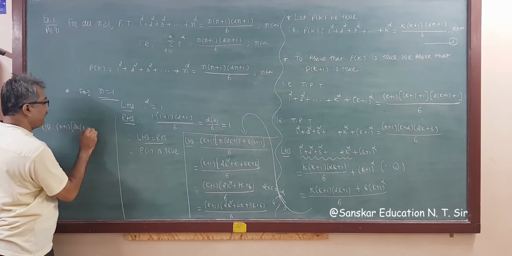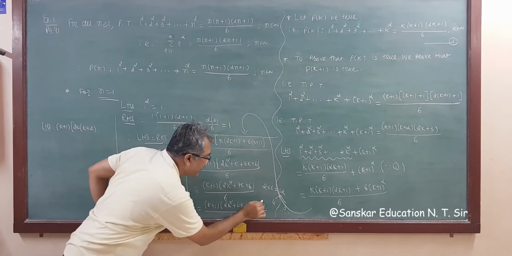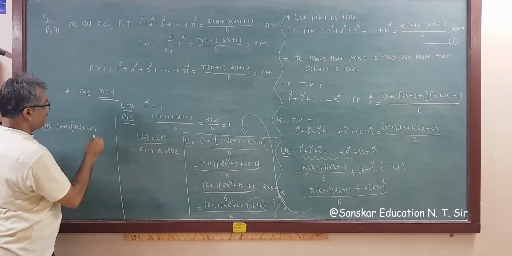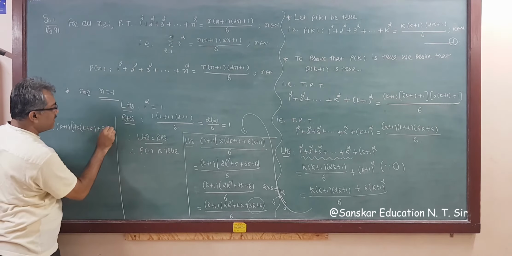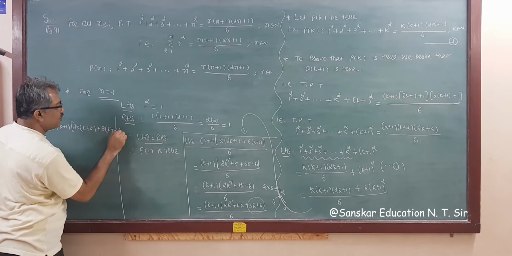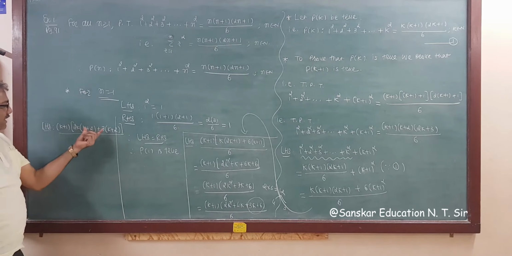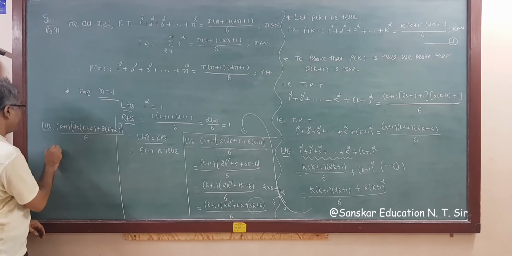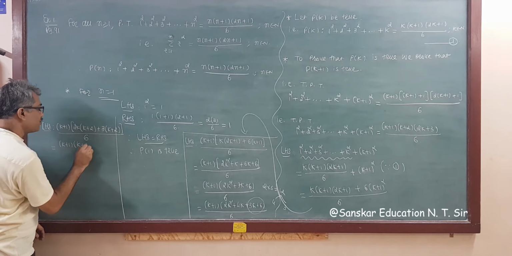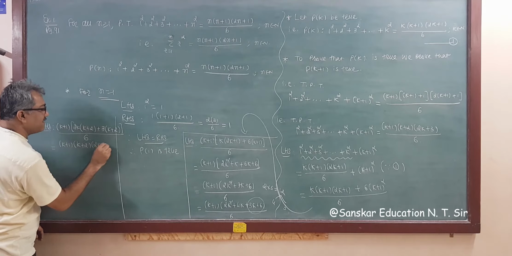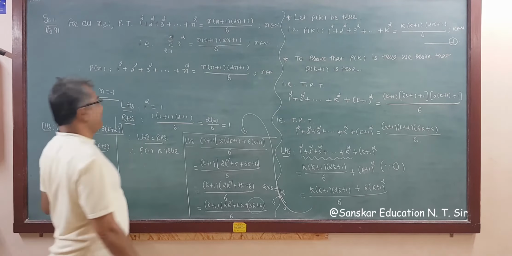Taking 3 common from these two terms, so 3 common, that is k plus 2 whole upon 6. Now taking k plus 1, k plus 2 common, twice k plus 3 divided by 6.